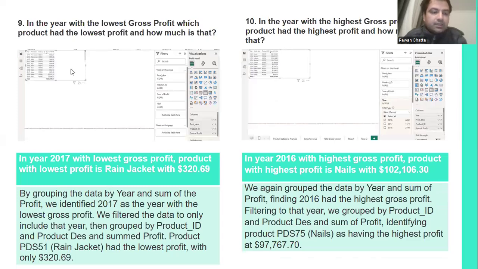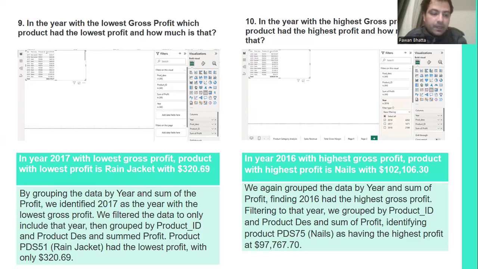And question number 9: in the year with the lowest gross profit, which product had the lowest profit and how much is that? In 2017, the year with the lowest gross profit, the product with the lowest profit is rain jacket, which is $320.69.